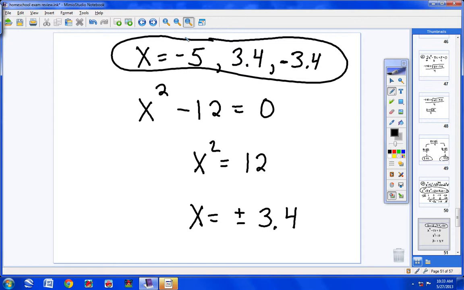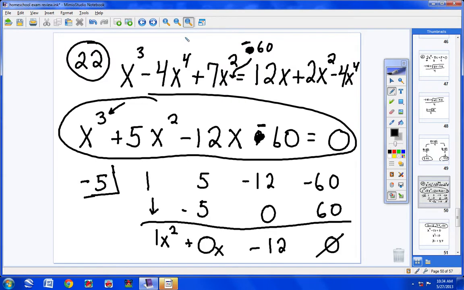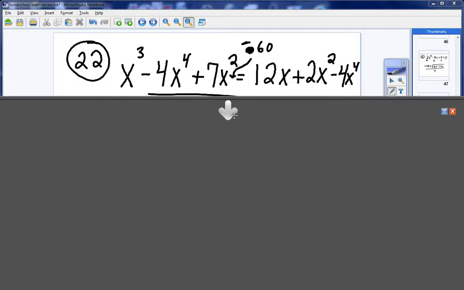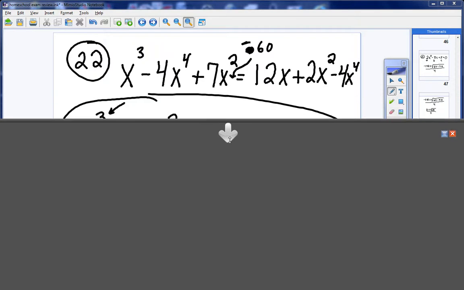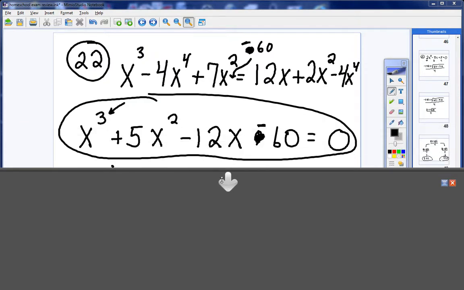So let's review. Since I just did a poor job on this, let's review. I'm going to give you a problem like this. And you're going to get one side equal to 0. Okay? After you get one side equal to 0, like we did here, I will give you one of the zeros to help you get started, or one of the answers.